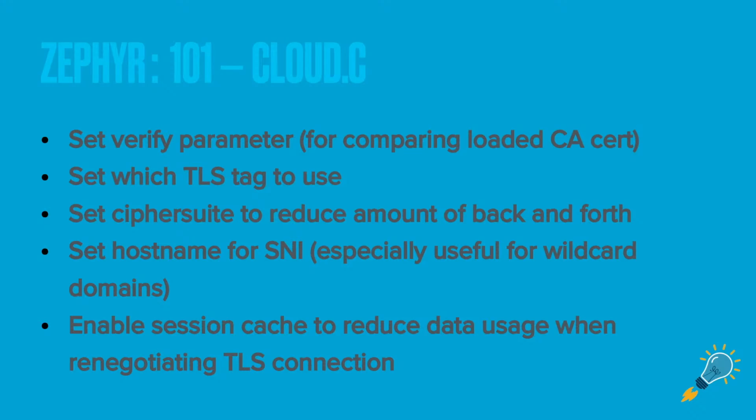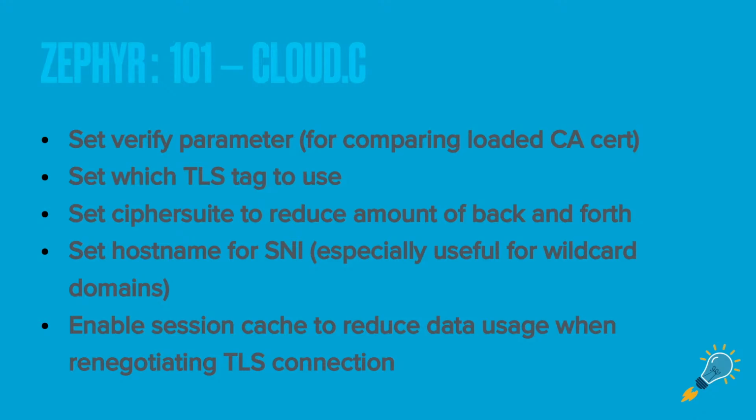So far we've set the verify parameter so that we're checking the CA cert. We're making sure that it matches the one that we expect when we're connecting to the server. It's just kind of a double check to make sure there's no man-in-the-middle attack or anything like that. Setting up which TLS tag we want to use. We're setting up the cipher suite to reduce the amount of data that we use.